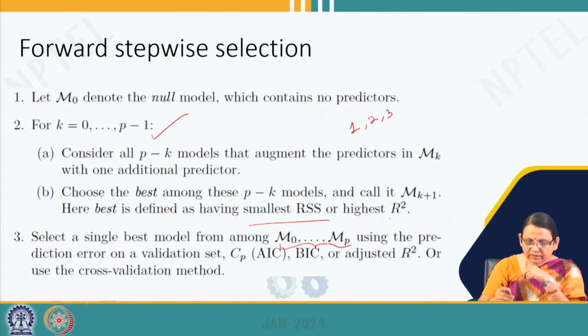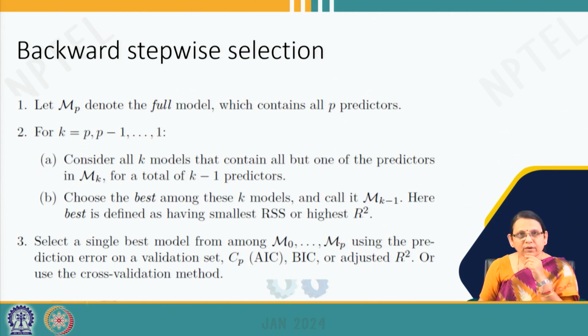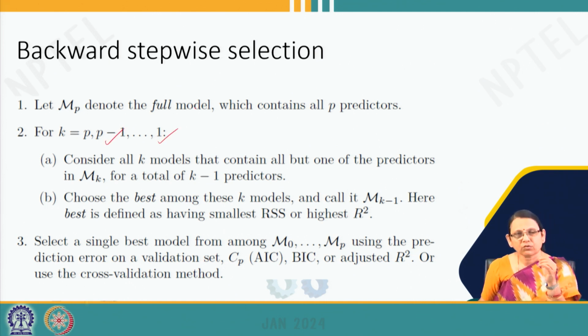And now, with respect to certain validation criteria like Cp, AIC, BIC, adjusted R square or cross validation, you decide which is the best subset. In backward elimination, again you start from p features, then take p minus 1, down to the last one feature. So, start from the entire set, keep on reducing.